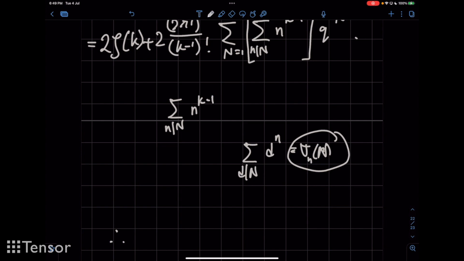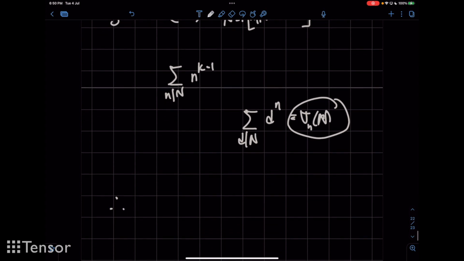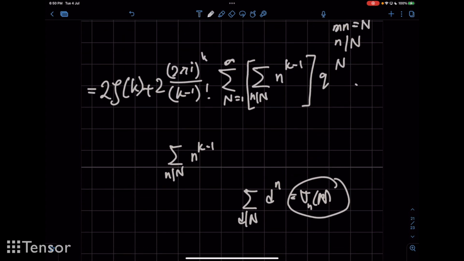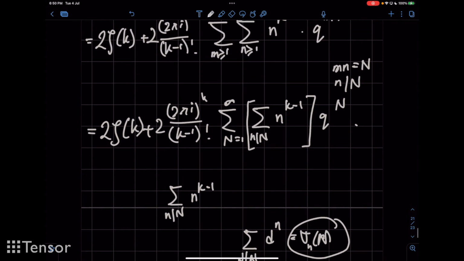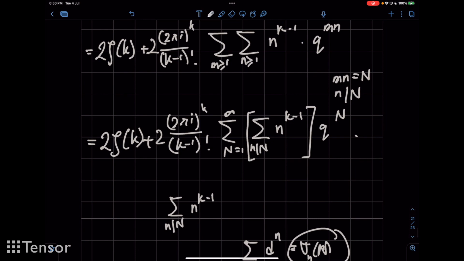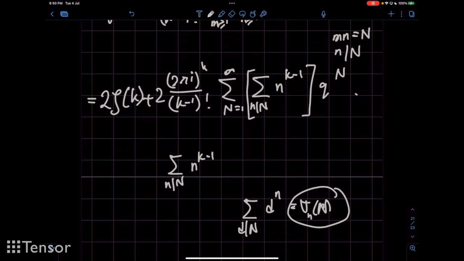And of course it's no surprise that a lot of the properties of this function arise from modular forms, because we're seeing right here the q series expansion of our favorite modular form, the Eisenstein series. It has the gamma function, k minus 1 factorial, it has the zeta function, and it has the sum of the k minus 1th powers of divisors.